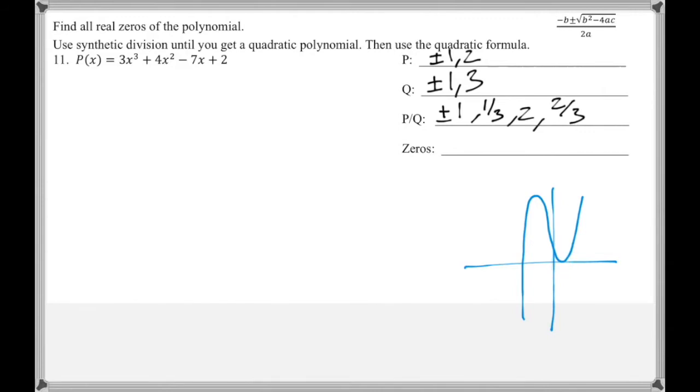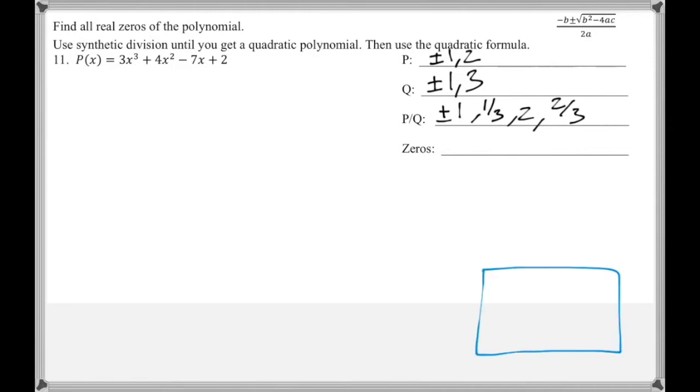However, if you zoom in from 0 to 1 and negative 1 to 1, 0 to 1 for your x-min and x-max, and negative 1 to 1 for your y-min and y-max, then this is going to look like this.